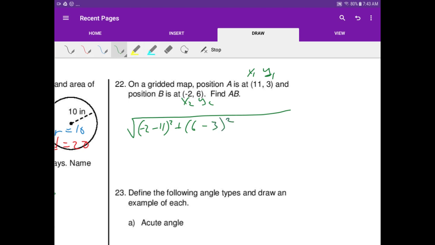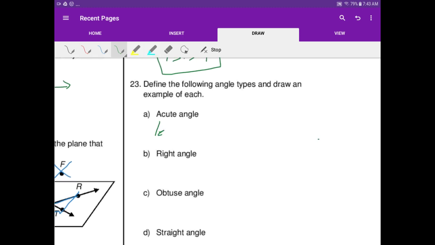I didn't need that much space. So the square root of -2 minus 11 squared plus 6 minus 3 squared. So that's going to be 13.34 is the answer here.